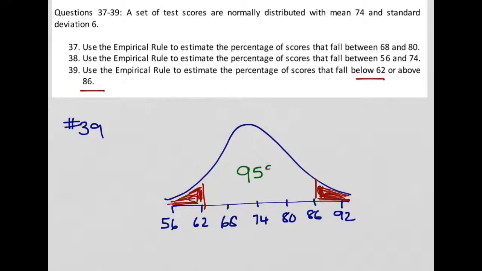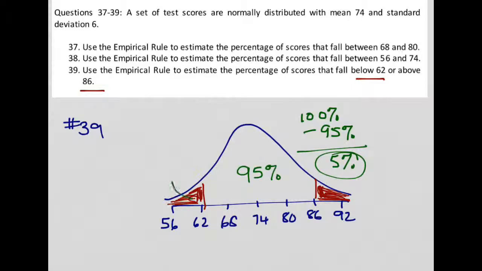So by our rule, that is 95% of the values. So how much is in the tails? Well, what's left over? So we're going to take the 100% minus the 95% from the middle, and that gives us 5%. And that's our total.